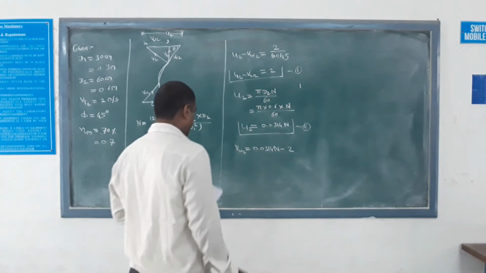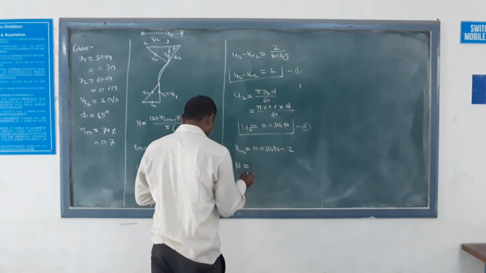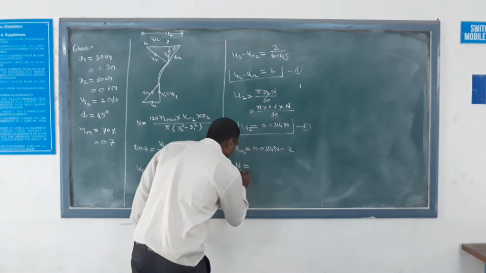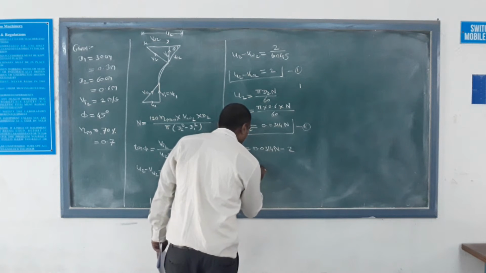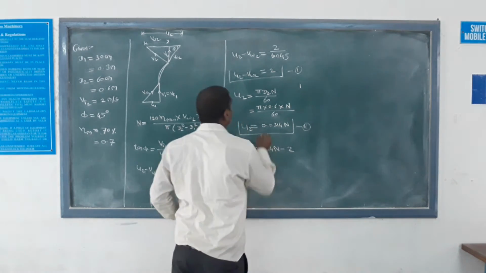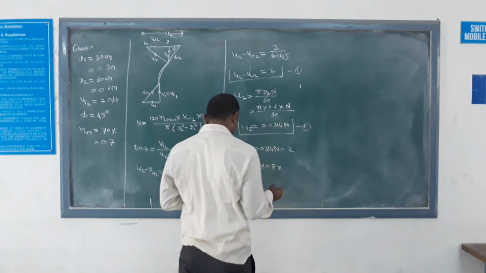So minimum starting speed N equals 120 into 0.7, manometric efficiency, into Vw2.